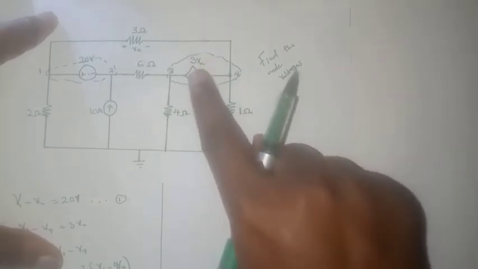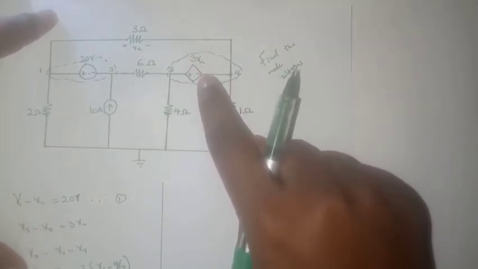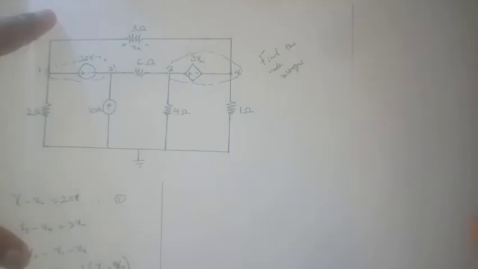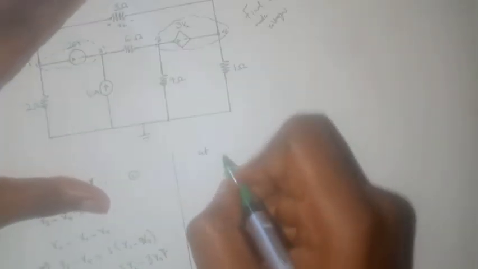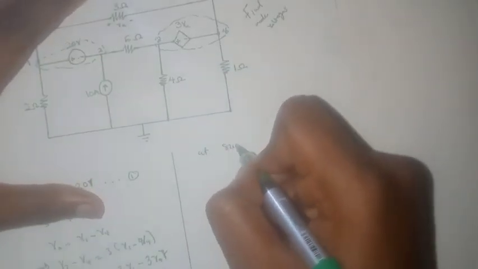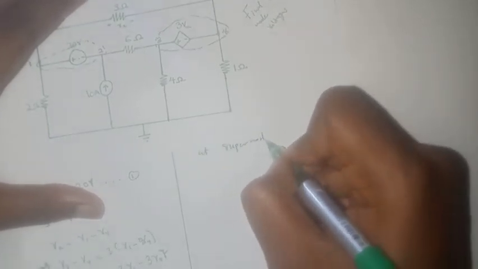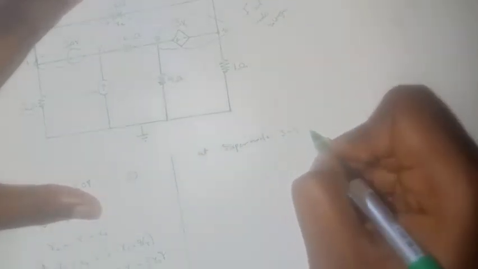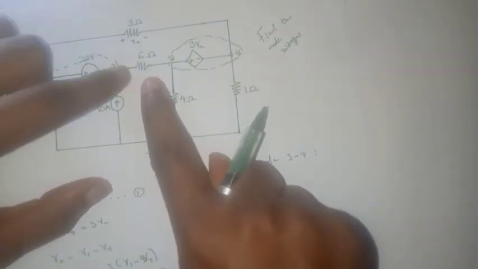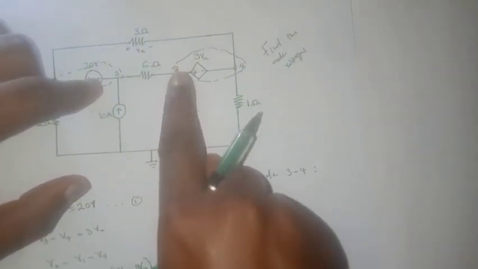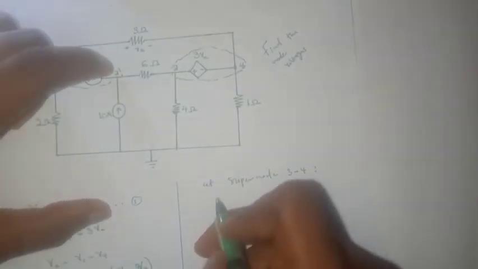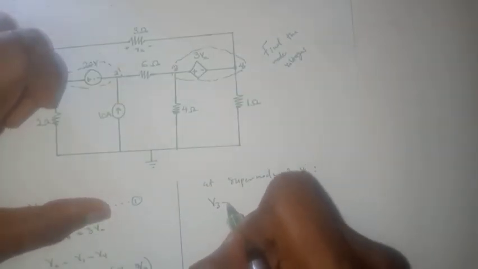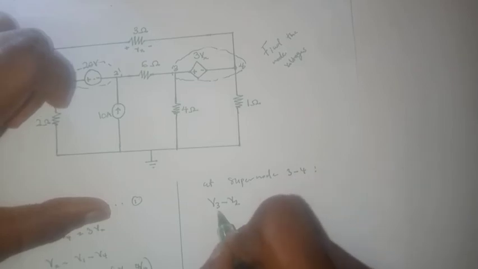Then we can move on to this last supernode. So at supernode 3, 4, we write for this node first, for this branch, that's (V3 minus V2) divided by 6.